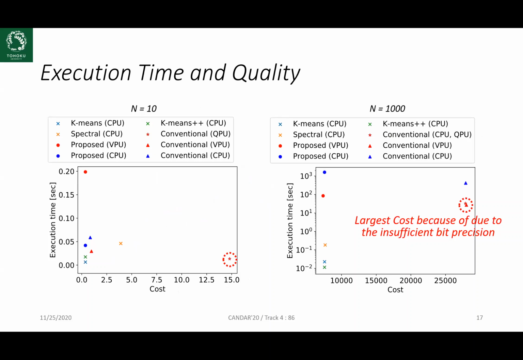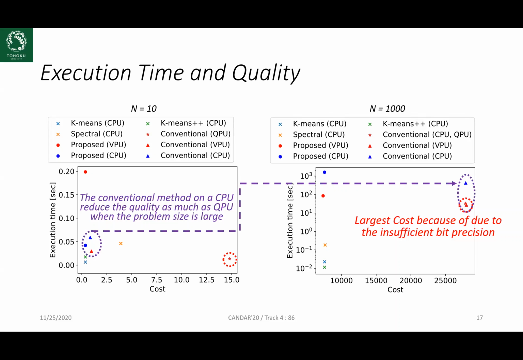This is because bit precision over quantum annealers is not sufficient. In addition, the conventional method on a CPU reduces the quality as much as QPU when the problem size is large. The clustering of scikit-learn is faster than combinatorial clustering. This is because a local optimization algorithm is used to reduce the computational complexity.